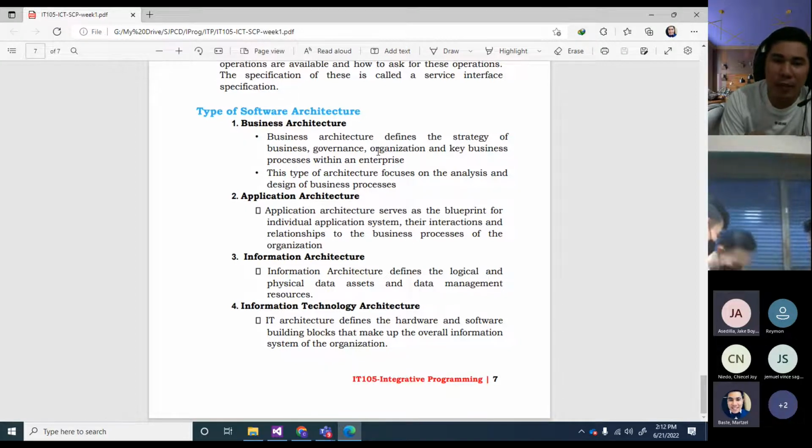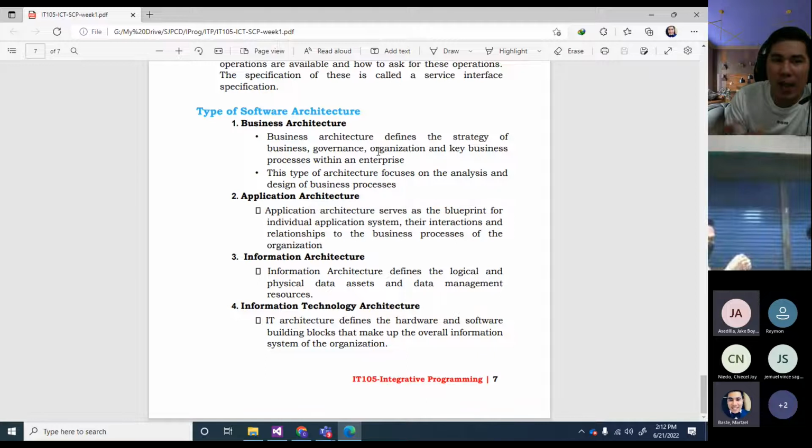And then we have ITA, or Information Technology Architecture. This one is above all: you're not only going to focus on the software, but it also includes hardware components. This time, you decide how much storage you're going to purchase for the application, and what hardware devices the software will need to interact with.